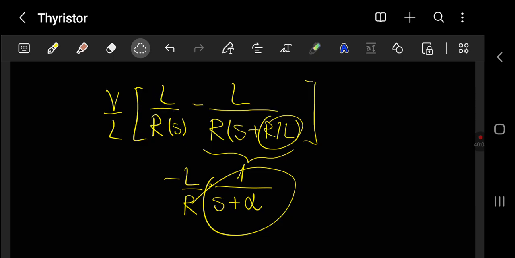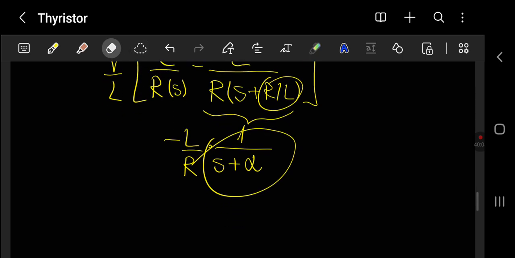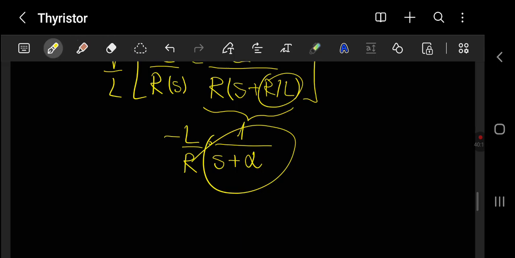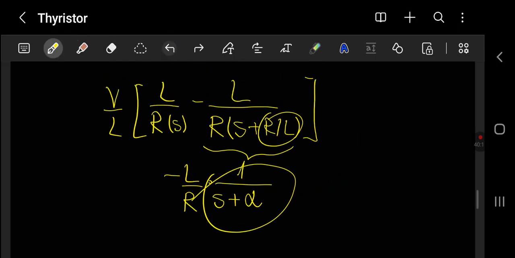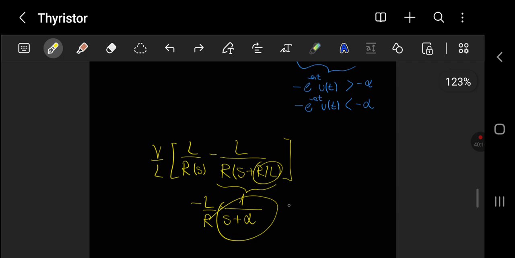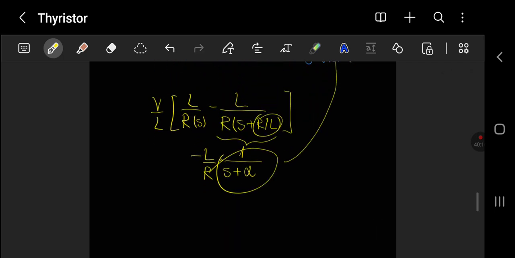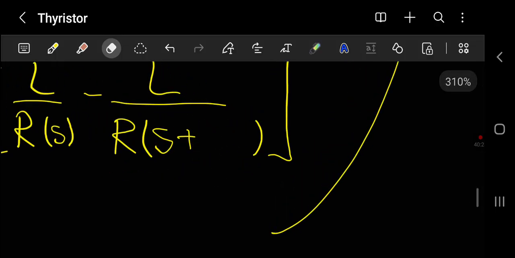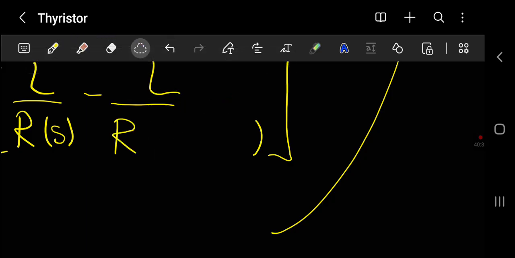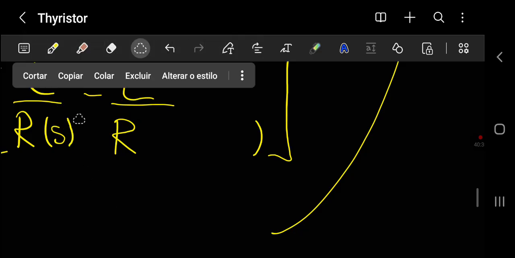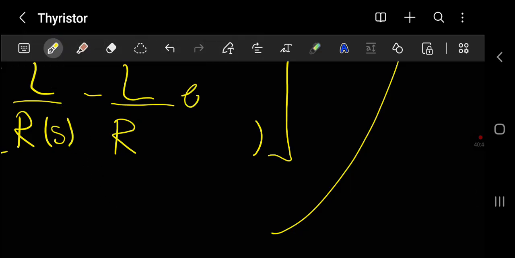Okay, and now this corresponds to this. And we are left with the following.